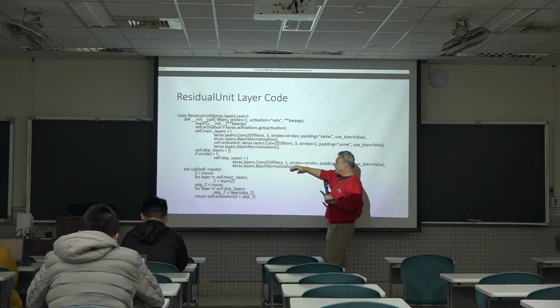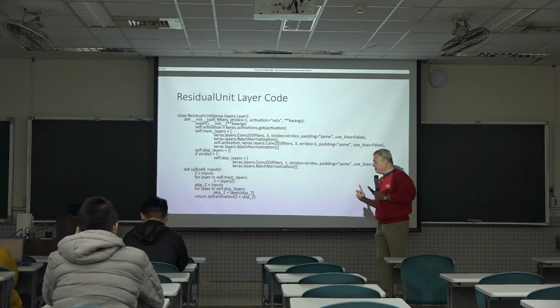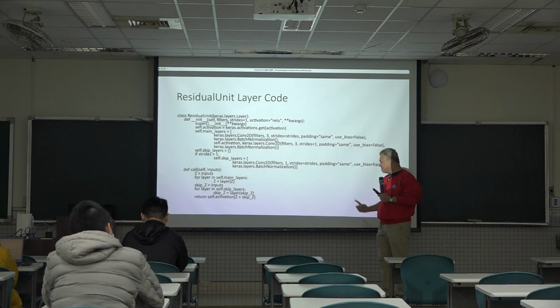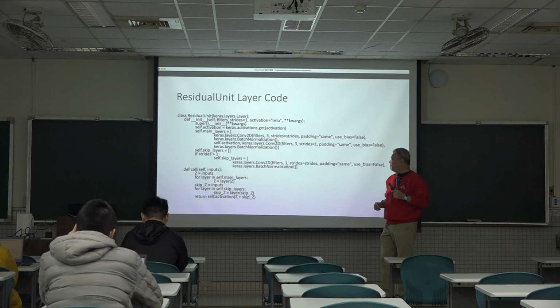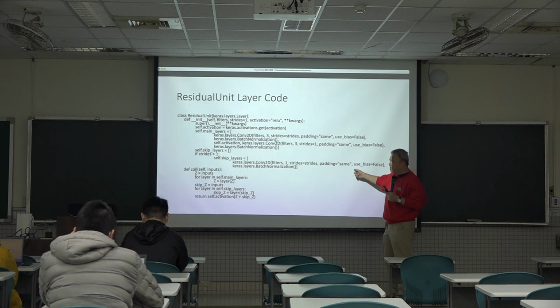These layers will be used in the skip connection, because when you reduce the size of the feature map, the skip connection also needs to go through this convolution layer to reduce the feature map, in order for them to be added together.